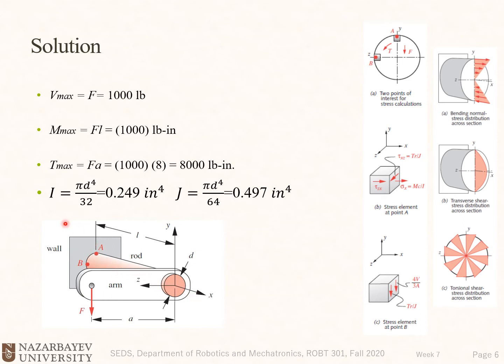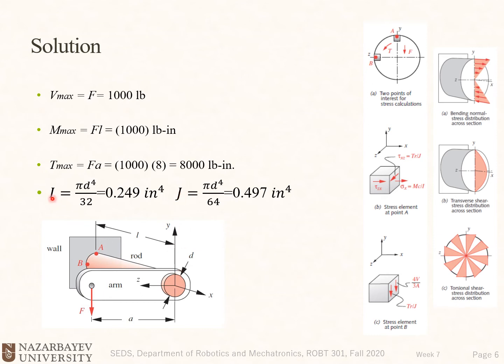Okay, and that comes to basically these equations. Because we have a circular cross section, you could refer to the appendixes of the book for different cross sections. But for a solid circular cross section, I is equal to pi d to the power of 4 divided by 64, and J is twice I because it's basically symmetrical on the x and y axis.